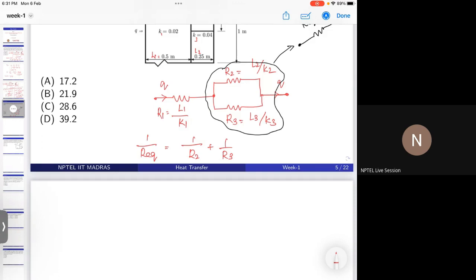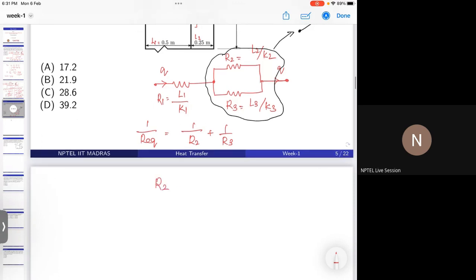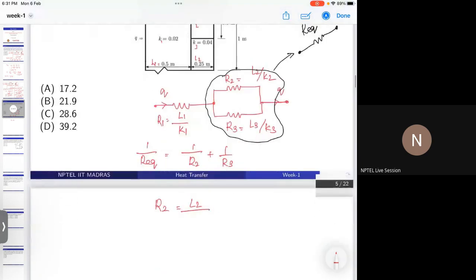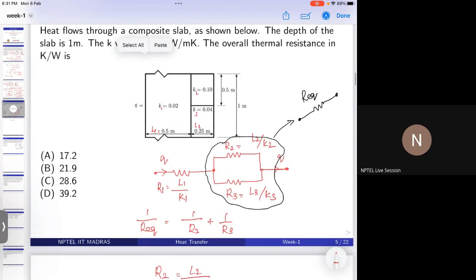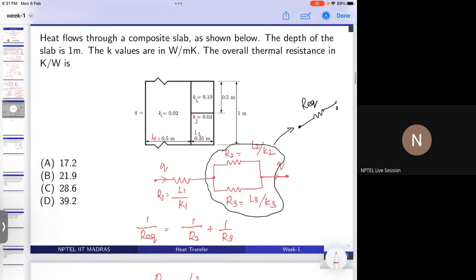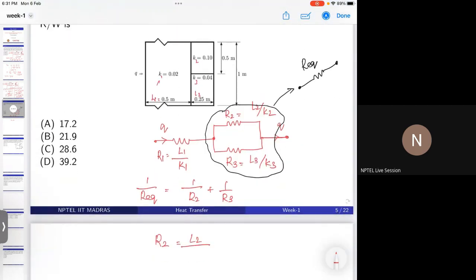So what is R2? R2 is L2 divided by K2 A2.